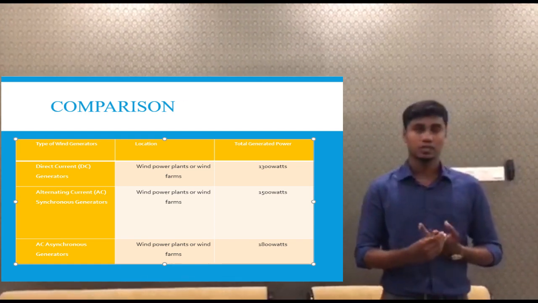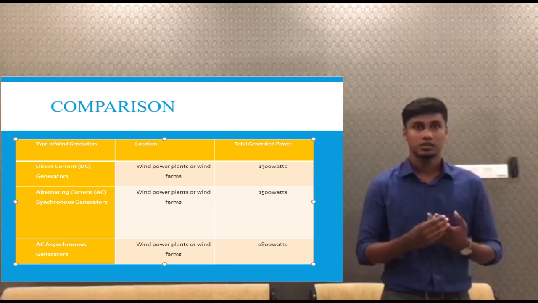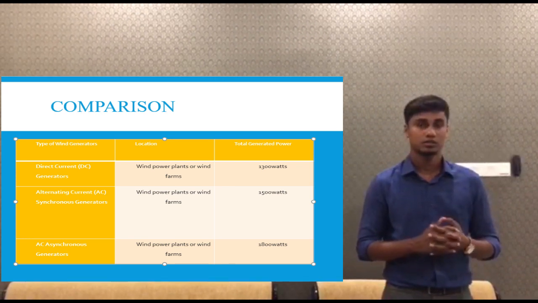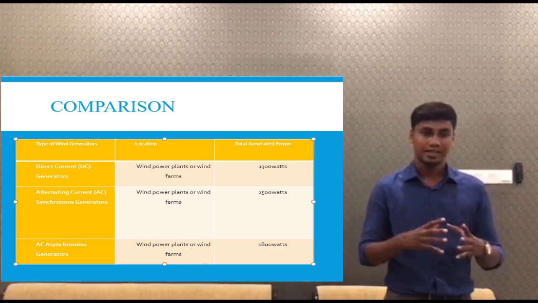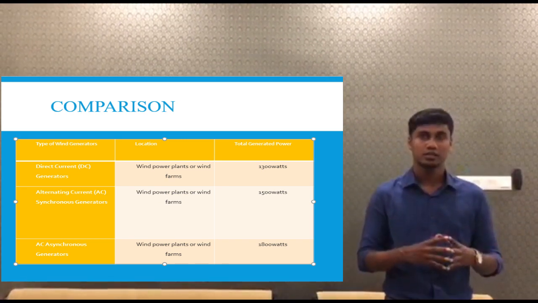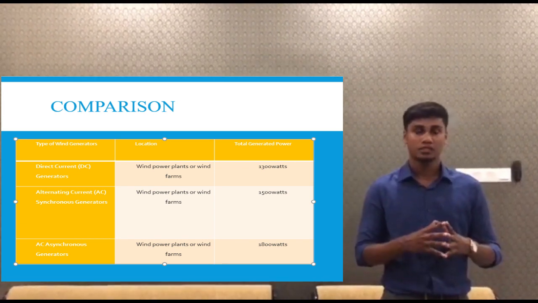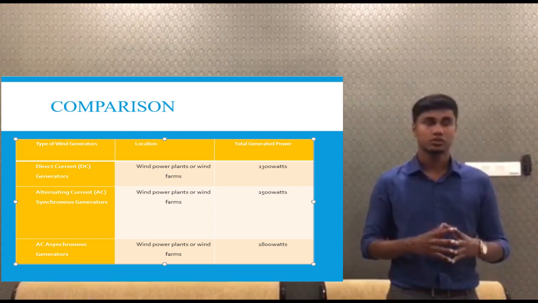For the DC generator, it is costly to maintain because it runs on brushes. The second, AC synchronized, is a traditional generator which is less costly to use.